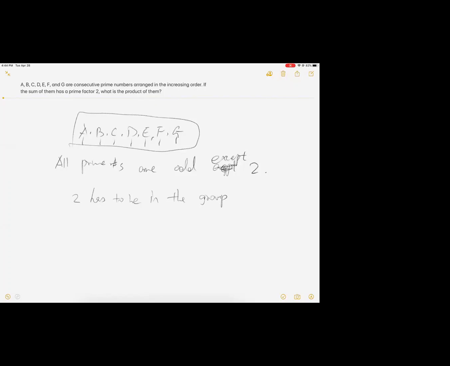Since 2 is the smallest prime number, A has to be 2. So we have 2, 3, 5, 7, 11, 13, and 17, right?